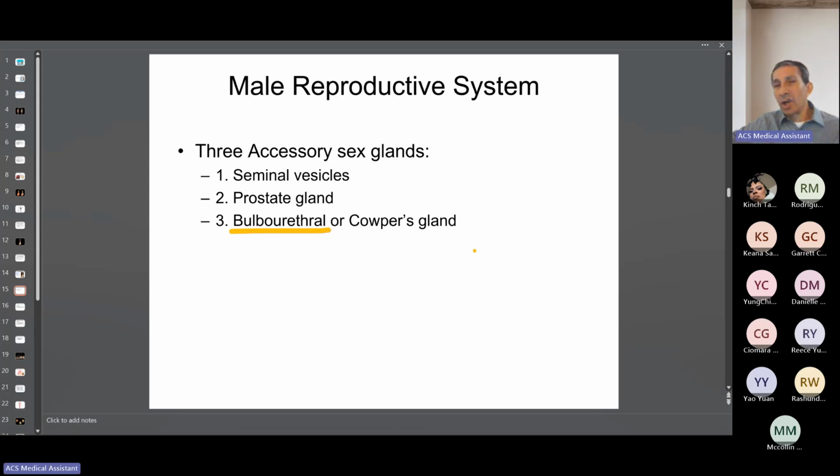Which gland is called the Cooper's gland? So then it's going to say the bulbourethral gland. The bulbourethral gland is also known as the Cooper's gland. I don't have to tell you again, Cooper was the last name of the doctor that discovered this gland and the secretions, the substances that this gland produces, and what it does to facilitate the transport of sperm outside the testicles.